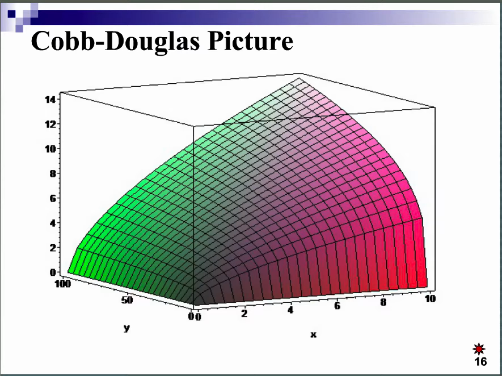So here's a three-dimensional picture of a Cobb-Douglas production function. In this picture, X represents labor and Y represents capital. And the corner of the room is actually sort of pointing at us. You can see 0, 0 right there. That's the corner of the room. That's the origin. So at that particular point, when there's 0 labor invested and 0 capital invested, our production level is 0.